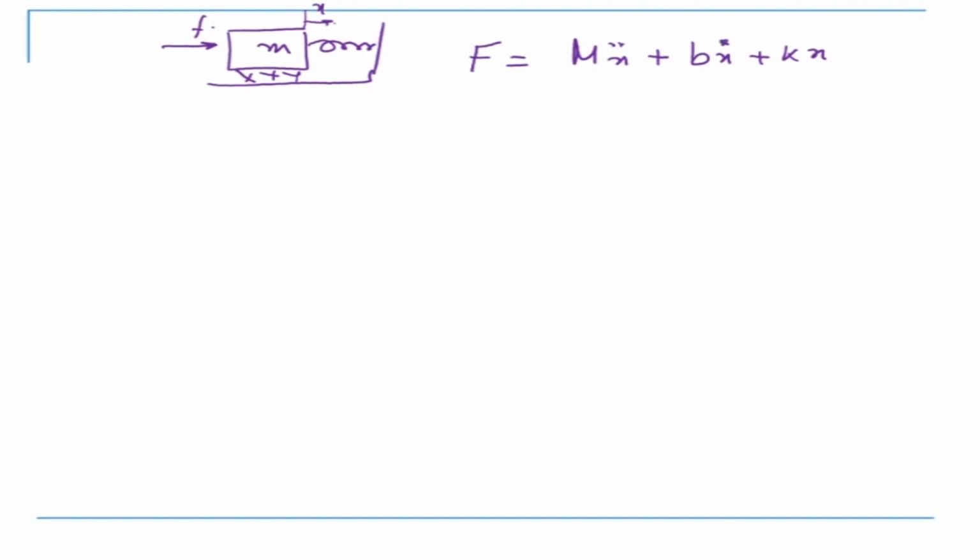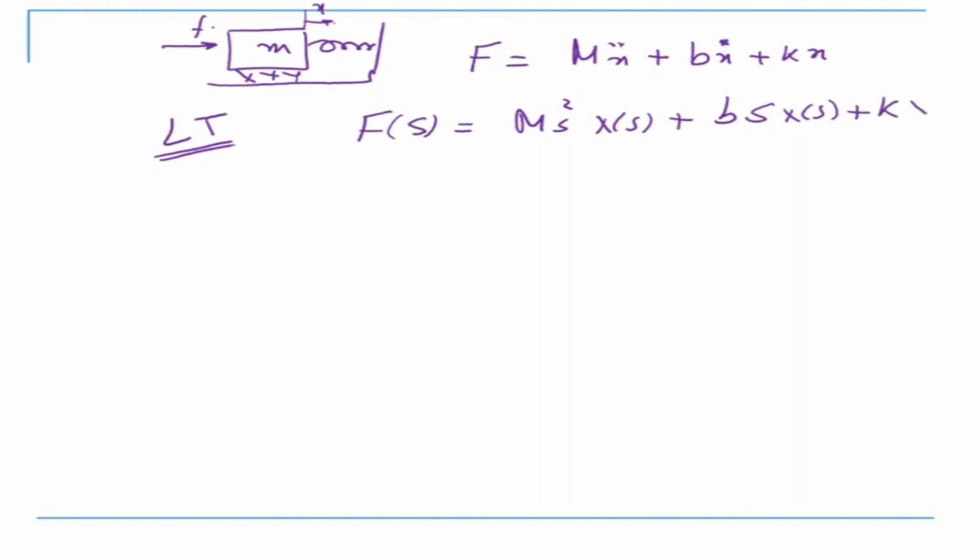Now if I take the Laplace transform of this, F(s) is equal to m into s squared X(s) plus b into s into X(s) plus k into X(s). So F(s) is my input, and the output is X(s). So this becomes X(s) into ms squared plus bs plus k.